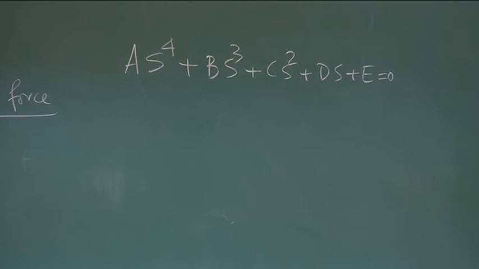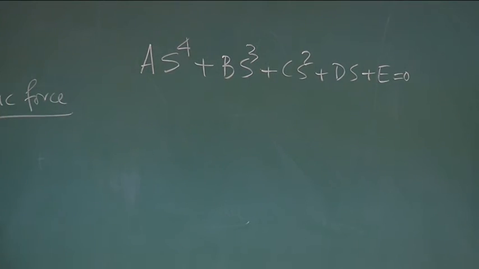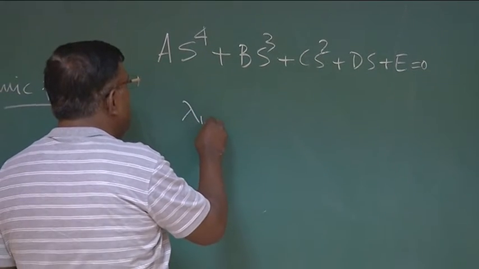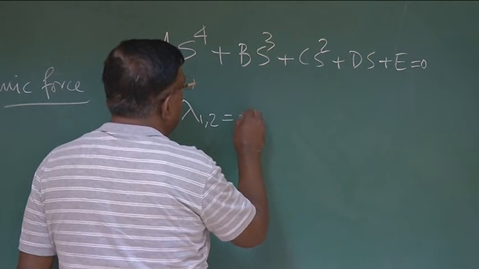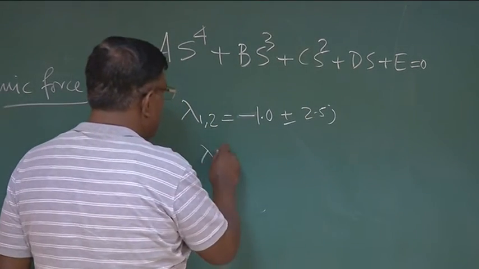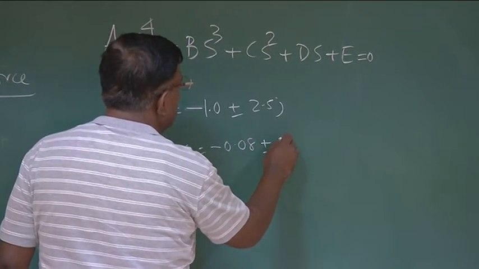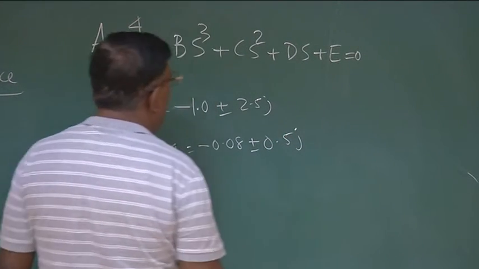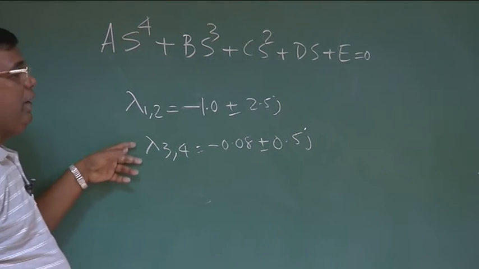And numerically, you can find the solution for this equation, and you realize that for most airplanes, when I solve this equation, we get roots, let's say lambda 1, lambda 2, typically, let's say, 1.0 plus minus 2.5 j, lambda 3, 4, let's say minus 0.08 plus minus 0.5 j.